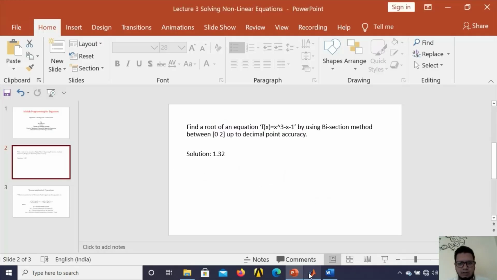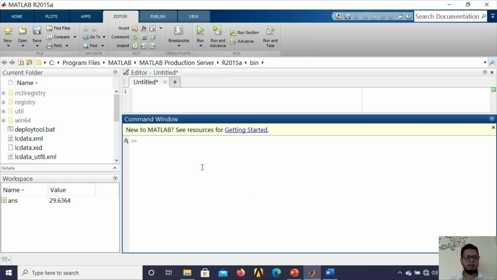So in the command window I will execute this program because it is a very small program. So fzero, parenthesis open, single quotes, x cube minus x minus 1.